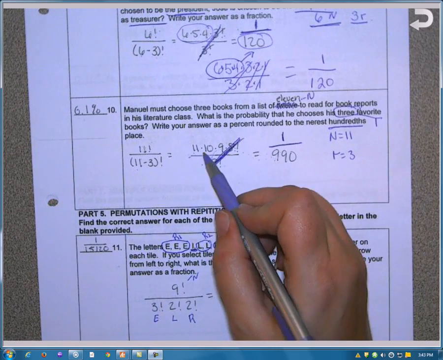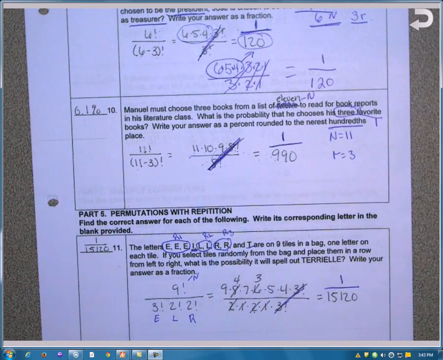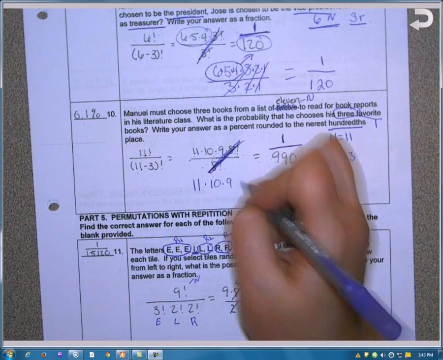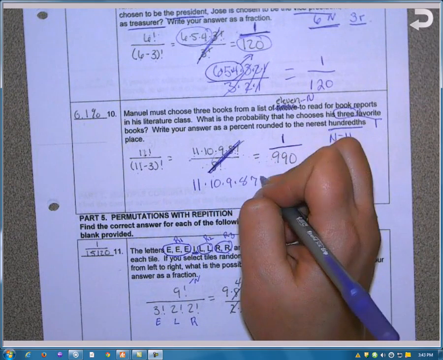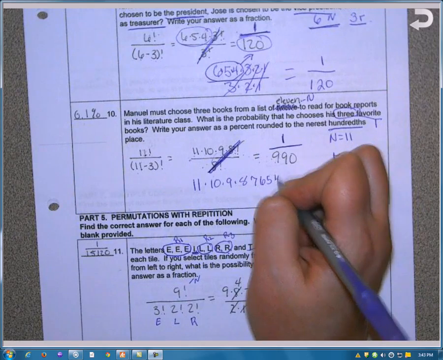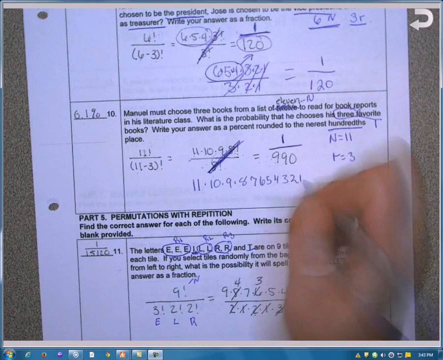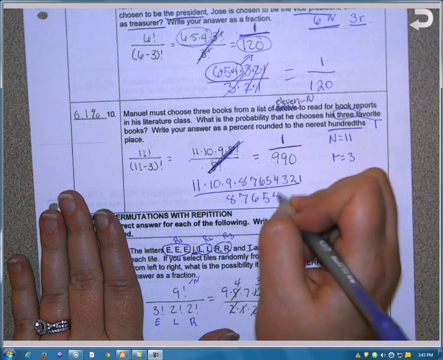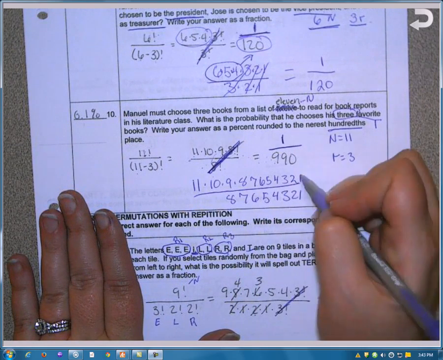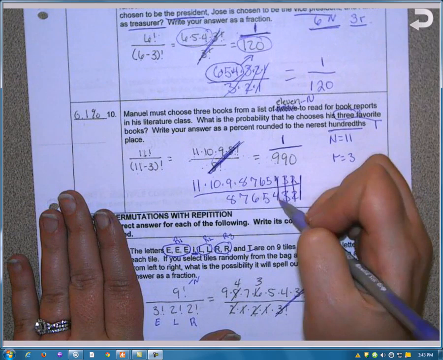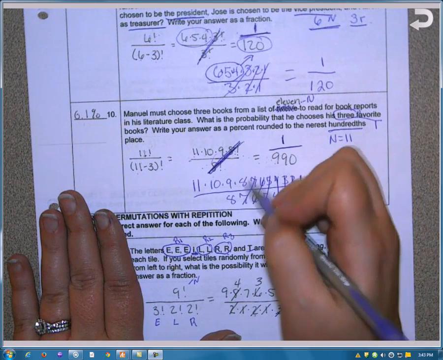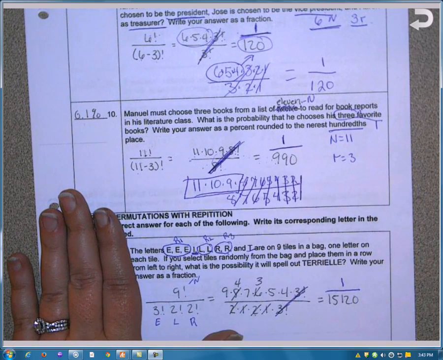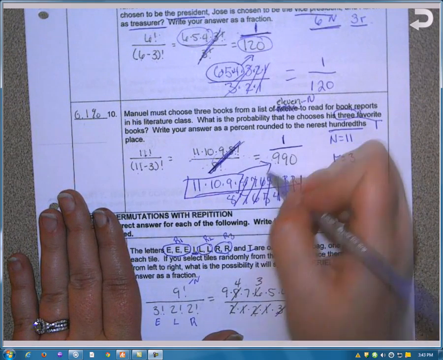So it's 11 times 10 times 9 times 8, or 11, 10, 9, 8, 7, 6, 5, 4, 3, 2, 1 over 8, 7, 6, 5, 4, 3, 2, 1. Cancel out all the ones that match, then you don't get as confused. So all you're multiplying is those, and that's going to get you that.